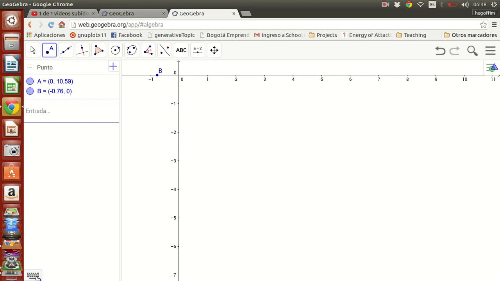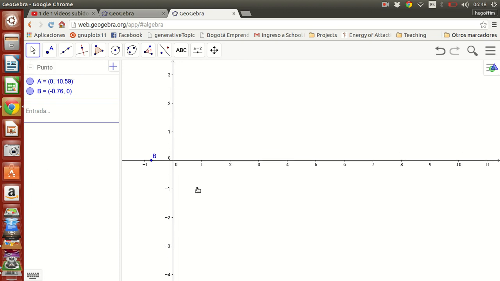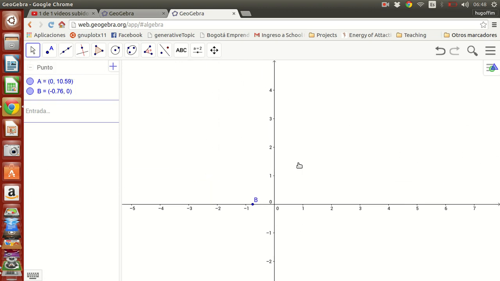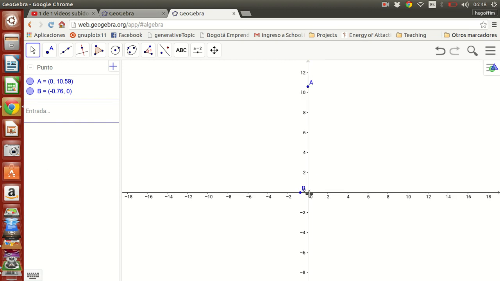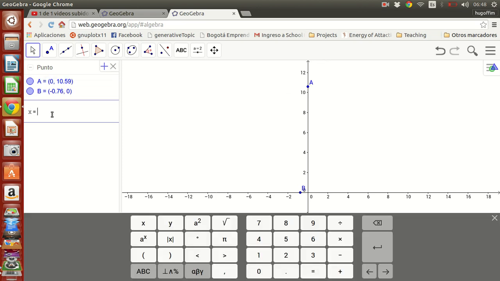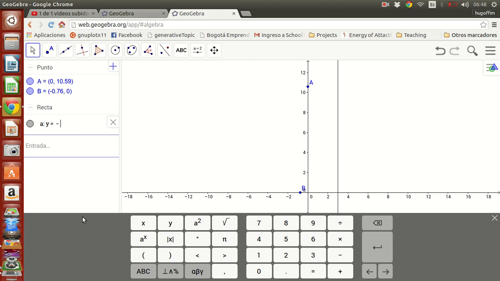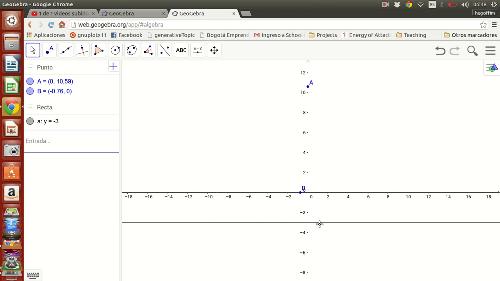Here you could see the points, and the asymptote. Excuse me, we said that the asymptote is minus 3, so y equals minus 3. This is the asymptote.